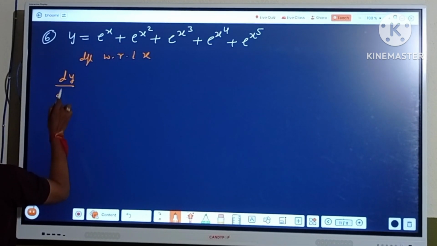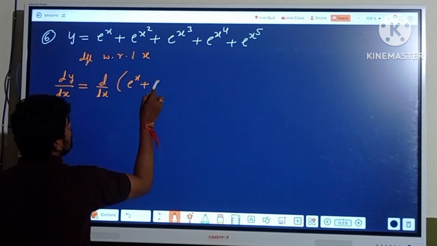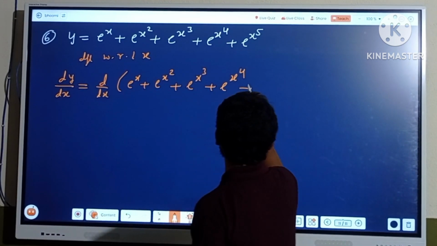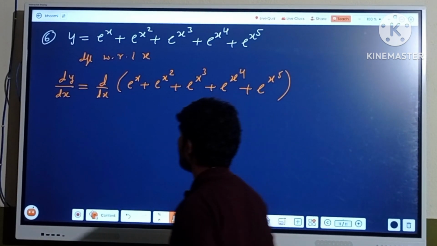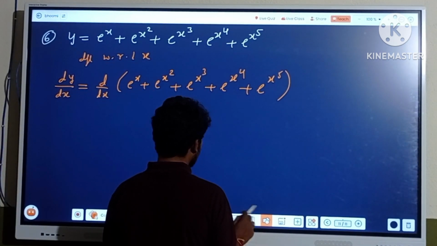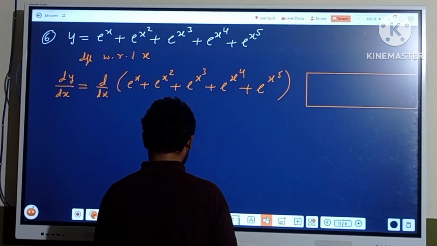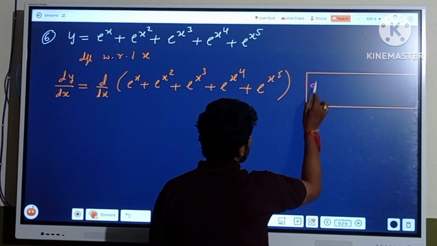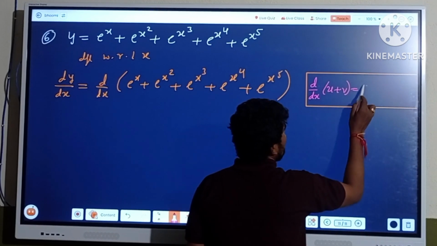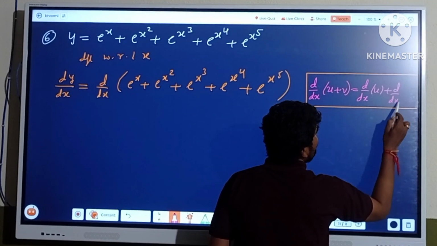So the derivative of y with respect to x, dy by dx, equals the derivative of e power x plus e power x square plus e power x cube plus e power x raised to 4 plus e power x raised to 5. From the algebra of derivatives, the derivative of u plus v is equal to the derivative of u plus the derivative of v.